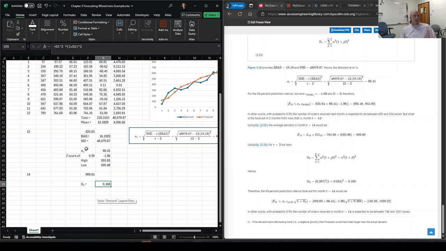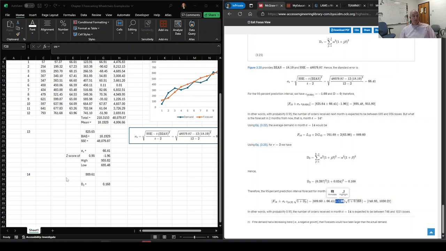Let's figure out what we have. We have our 66.41. We have our 95%. There's the z-score, and then we have this on the end as the different one.